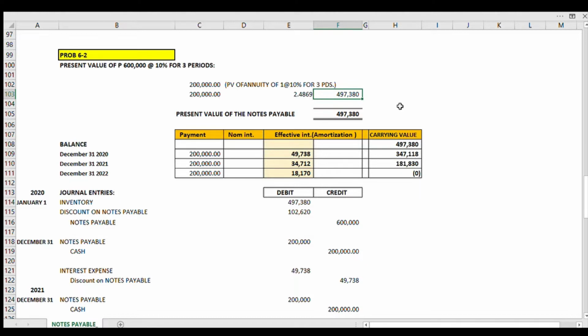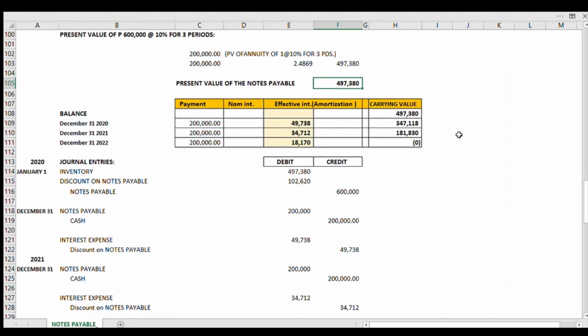As you all notice, we no longer have recognition for interest because there is no nominal interest rate. That is a non-interest-bearing note. So we will just stick to the balance of 497,380. That is the present value of the 3 annual payments of 200,000 at 10%. That's the present value of the notes payable, 497,380.